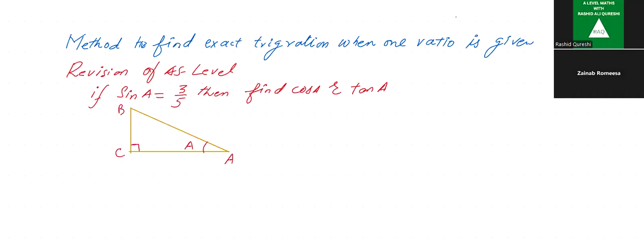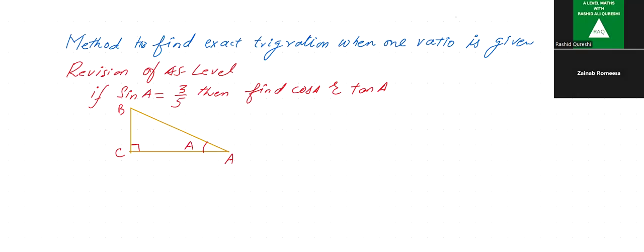Now what will you do? As we know, the sine is the ratio of the sides of the right angle triangle. According to my knowledge, the sine is always perpendicular upon hypotenuse.